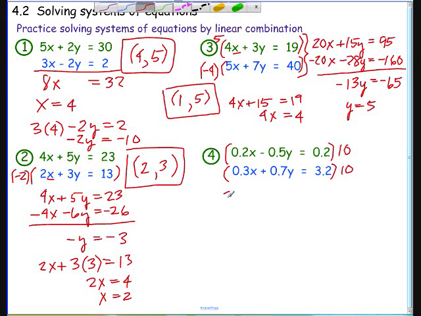Then I can deal with this without having to think about decimals. Decimals are just a way to get tripped up. Now I wouldn't do this if I had big numbers, but these are small numbers and they're going to look a lot better once I eliminate those decimals.